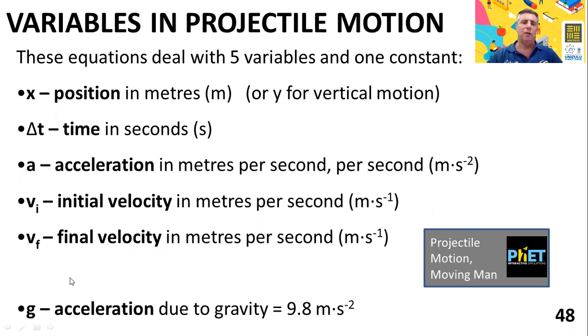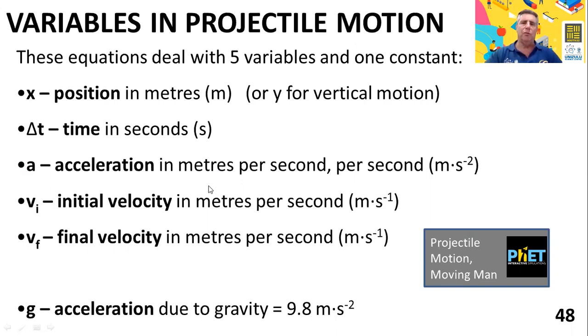And there's a special acceleration at the bottom, the constant g, the acceleration due to gravity, which is 9.8 meters per second squared. Remember, it'll often be negative because you've chosen upward motion as positive. And then your 2 velocities, initial velocity and final velocity, both in meters per second.